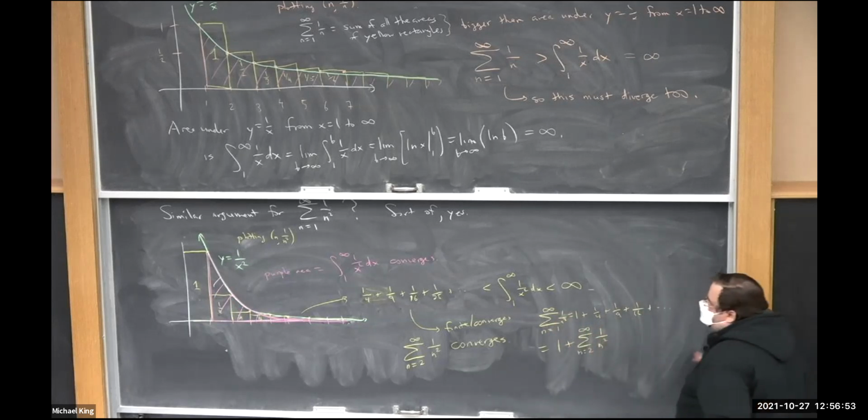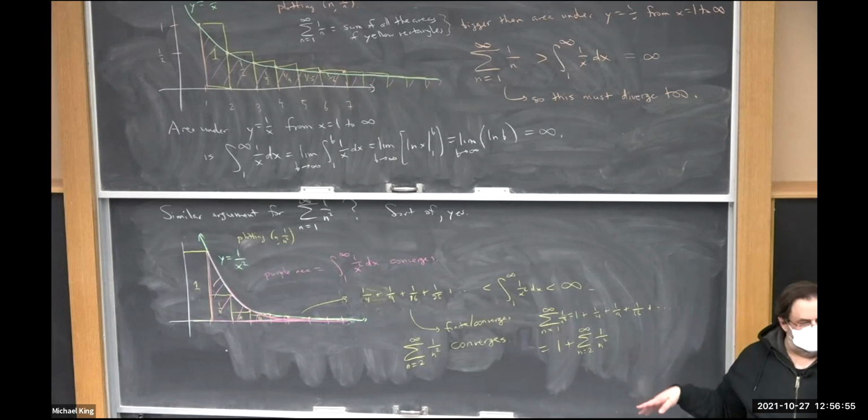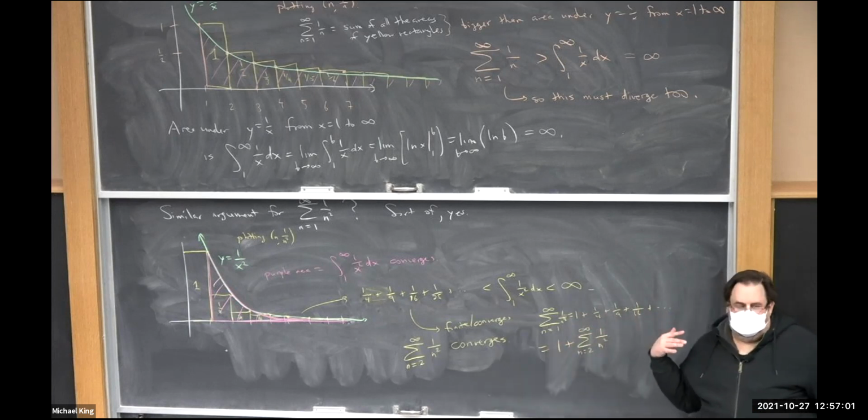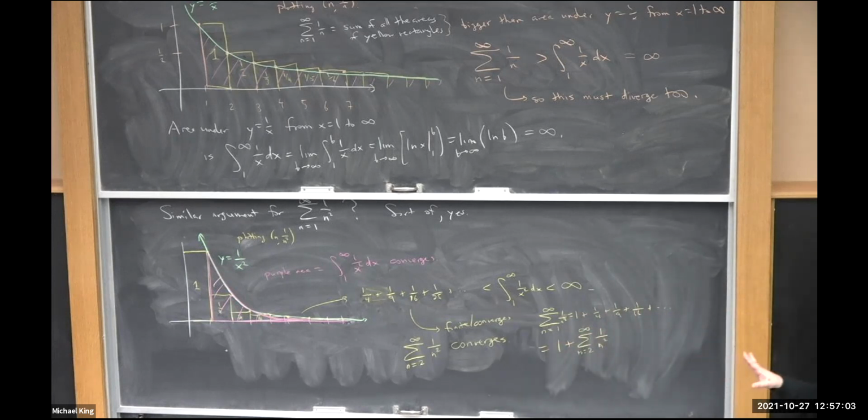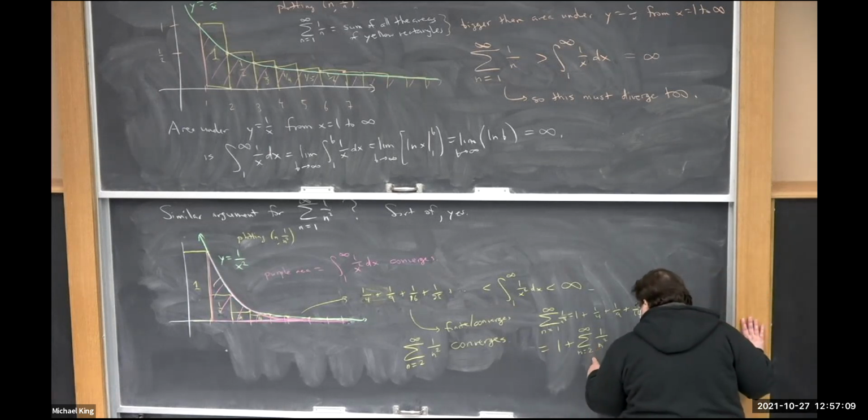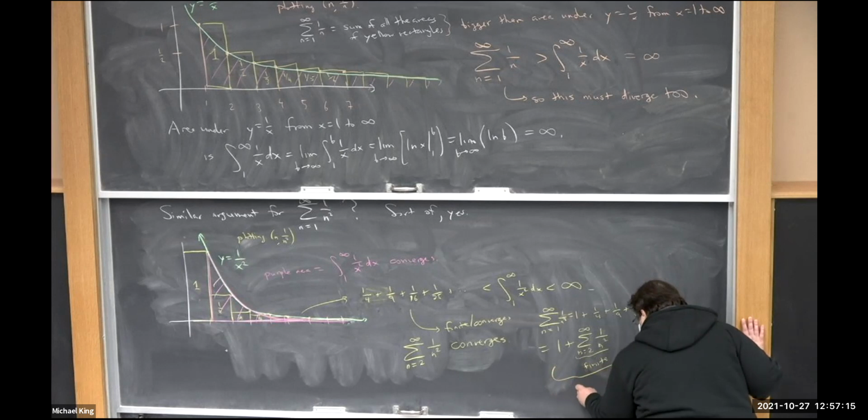I'm basically saying any finite number of terms to start with don't affect convergence and divergence. It's the thing I've already said, which is convergence, divergence always happens in the tail. It never happens in the first billion terms. It always happens in the tail. So this is finite. So the whole thing is finite.